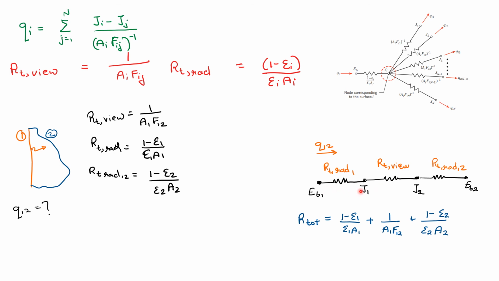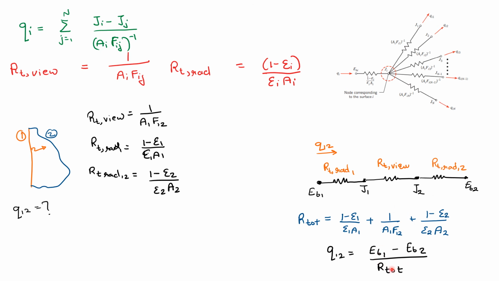Now that we've drawn our circuit diagram, we see that all three resistances are in series, so our total resistance is just the addition of these three resistances. So Q12 will be the total potential difference at the two extreme points, Eb1 minus Eb2, divided by the total resistance.